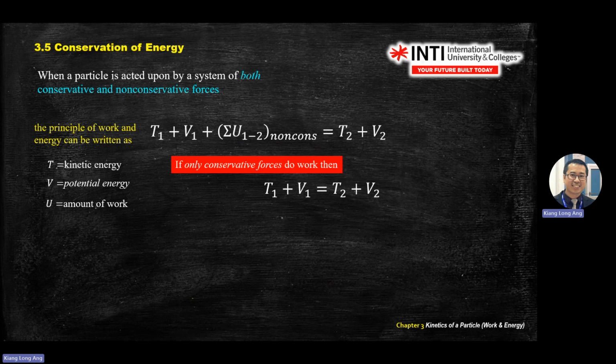If we use the principle of conservation of energy, then this is the equation we expect in your answer. You write all the energy before, or you can write T1 plus potential energy V1 equals T2 plus V2. This also gives you 1 free mark for conservation of energy.